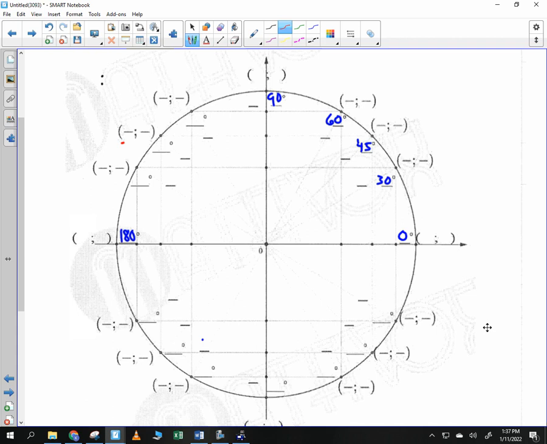0 degrees is the same as 0 radians. I'm going to put the radian right next to the degree. 180 degrees is the same as how many radians? Pi. 90 degrees is pi over 2.